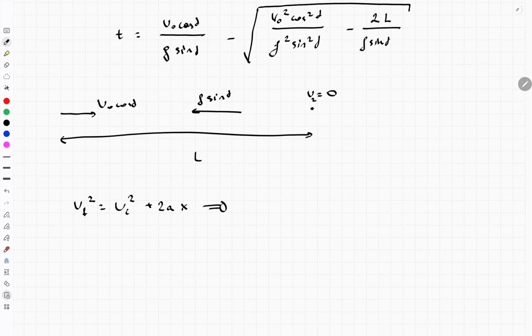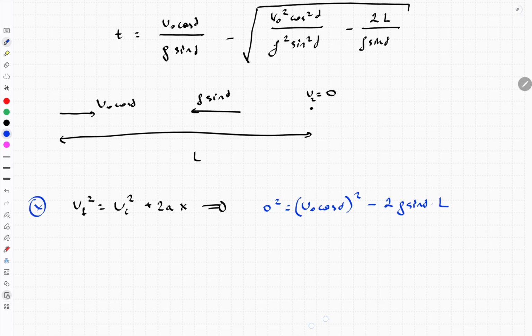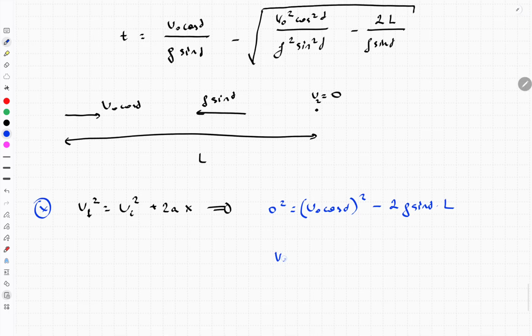Final velocity 0, of course in x direction, initial velocity v0 cosine alpha square, minus, because acceleration is negative, 2 g sine alpha times L. So from here we see that v0 equals root of 2 g L sine alpha divided by cosine alpha. So velocity should be equal to this one, at least, in order to reach the end of the tube.